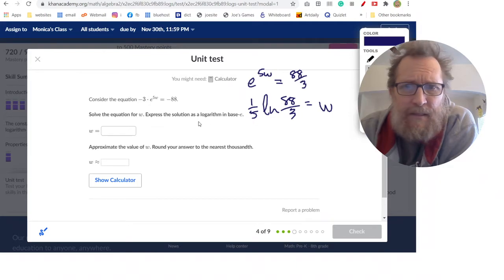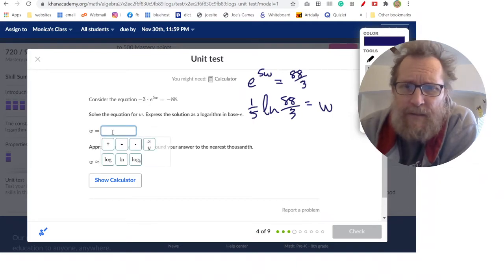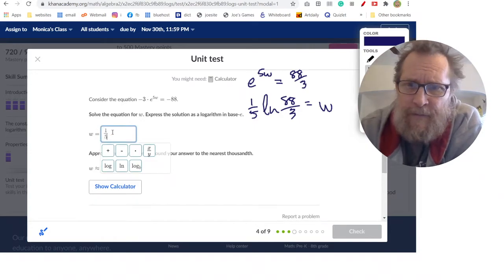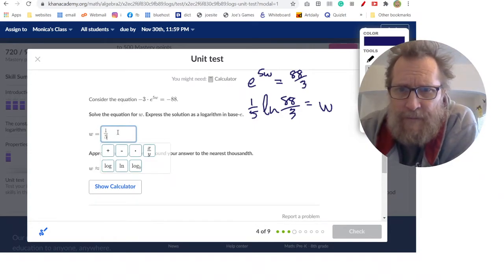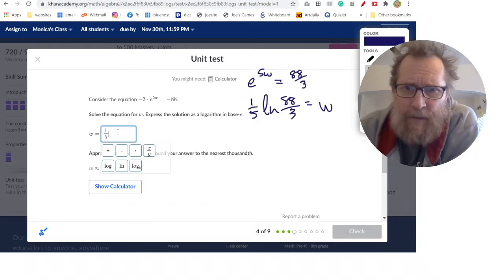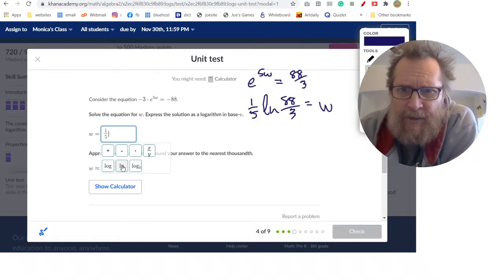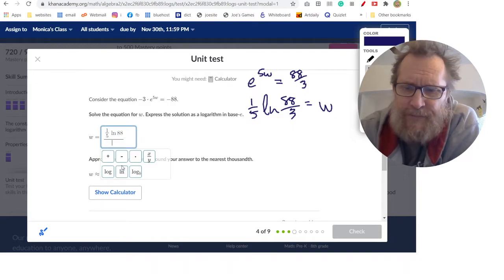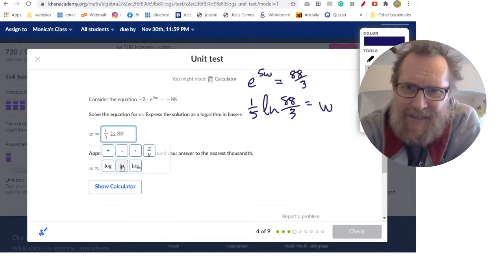So let's see. 1/5. I wonder if I need to do a times. I'm going to try it without the times. 1/5 natural log 88. Nope. Backspace.